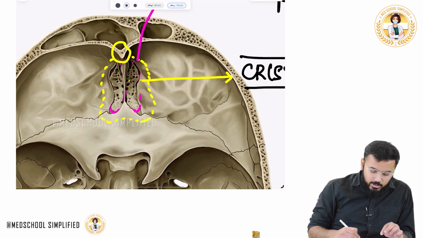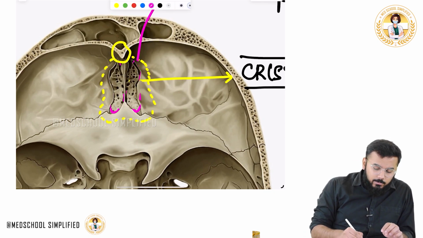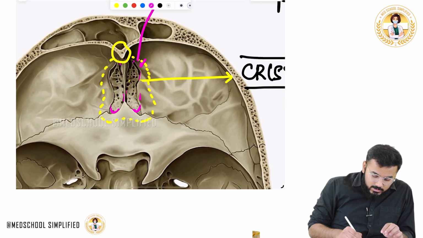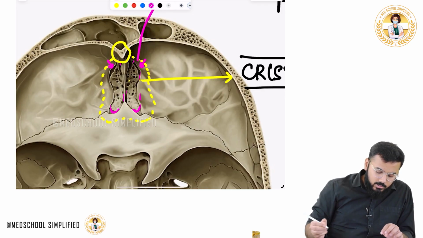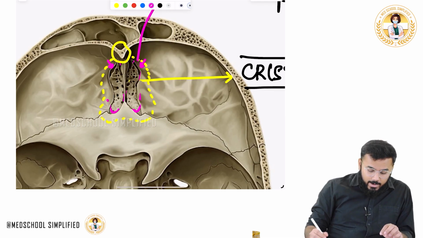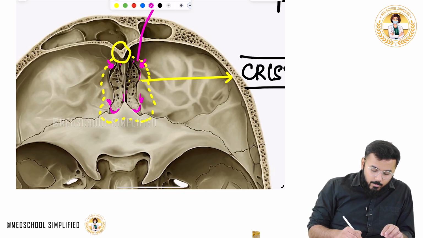If you look at this picture, can you see multiple small foramina, right? Along with these multiple small foramina, can you also see one foramen is large here on the right side as well as on the left side, right?